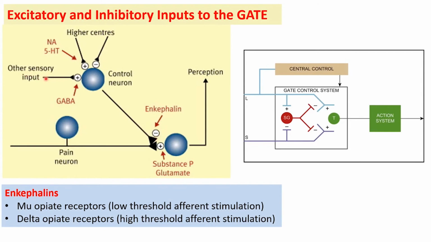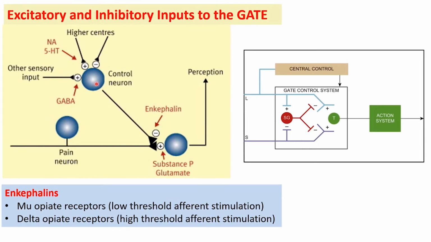Other sensory inputs from touch, pressure, proprioception, coming from the A beta fibers, large diameter myelinated fibers, they would excite the substantia gelatinosa cells. Their primary function is not nociception. They are carrying touch and other sensory modalities.